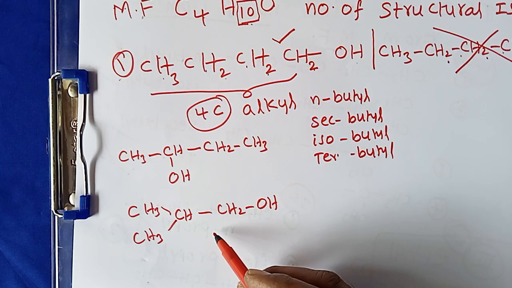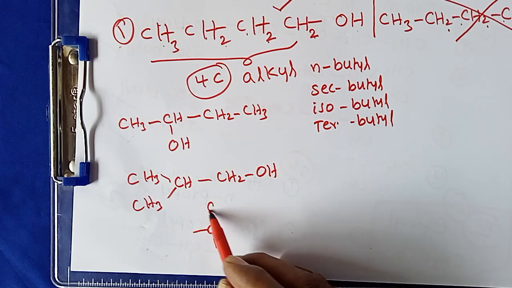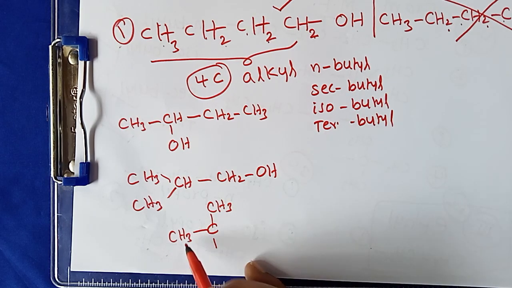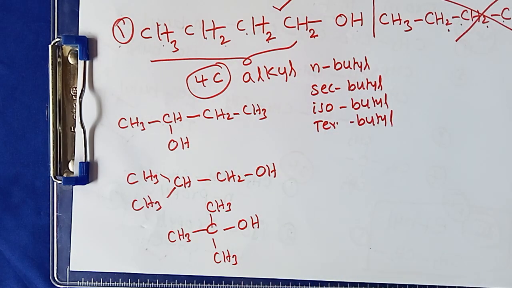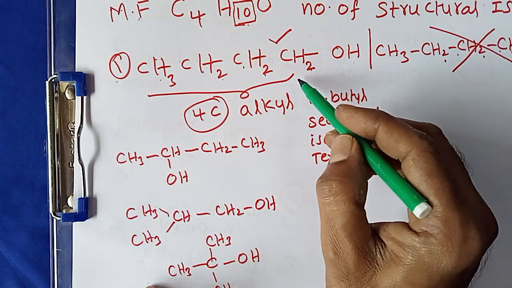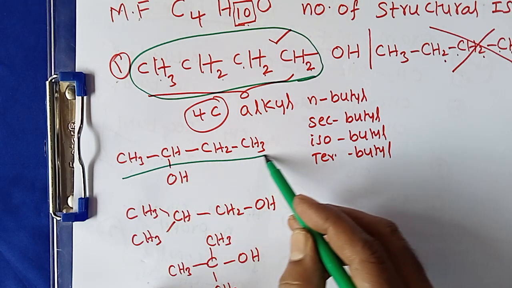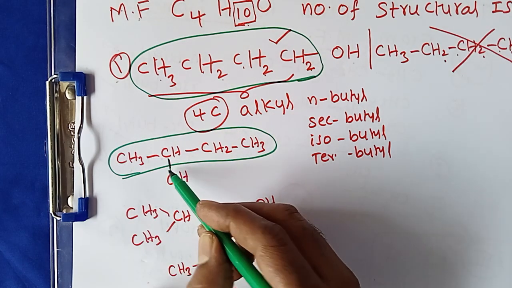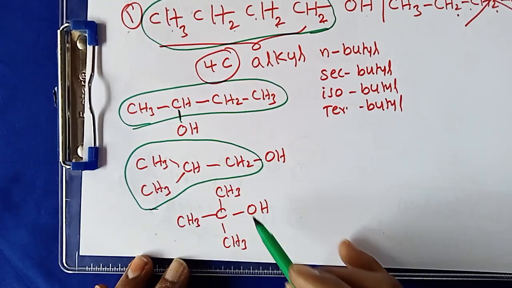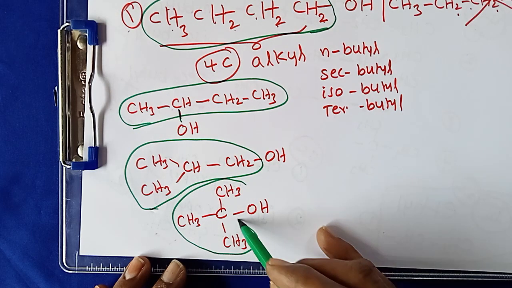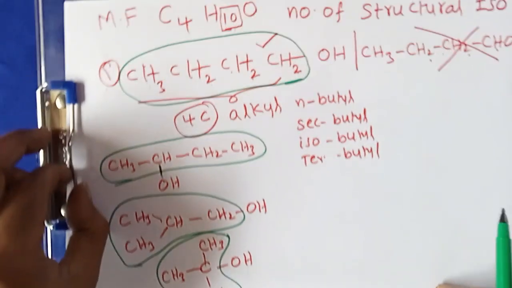Fourth one, tertiary butyl alcohol: CH3, CH3, CH3 and OH. So the 4 butyl groups I can mark with a green pen: n-butyl, secondary butyl because of open bonded secondary carbon, isobutyl, and tertiary butyl. So in this one all 4 carbon chains are different.